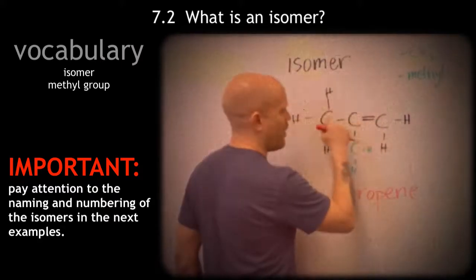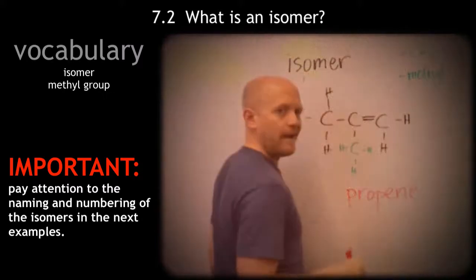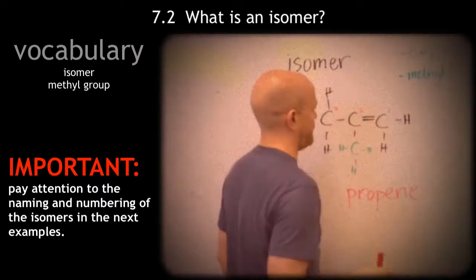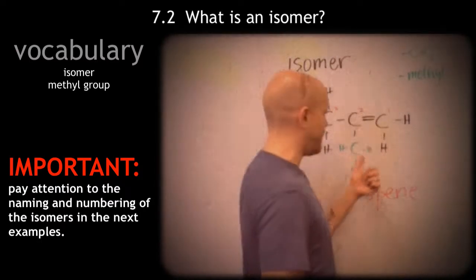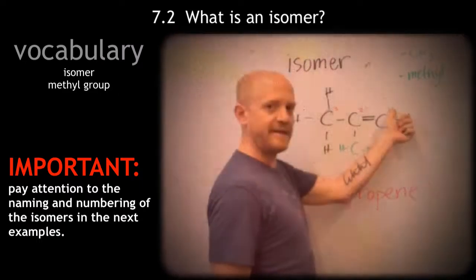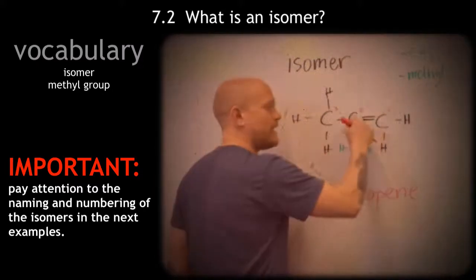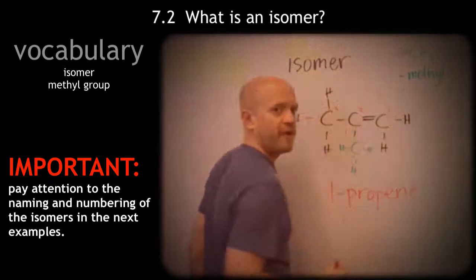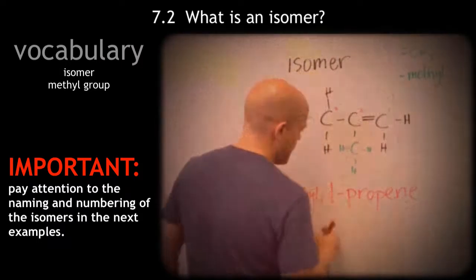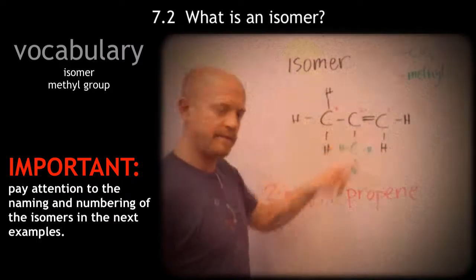Since this is the shortest end, we're going to count this 1, this 2, this 3. Again, we still have a methyl group sticking off of carbon 2, but we also want to identify that the double bond is after carbon 1. So it's 1-propene, but we still have to tell everybody that this methyl group is sticking off of carbon 2. So this is actually 2-methyl-1-propene.